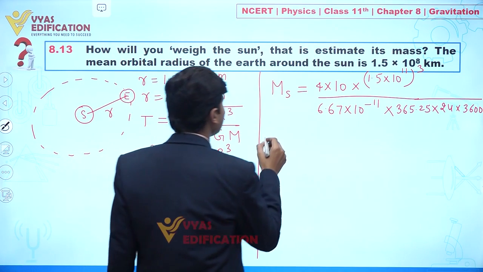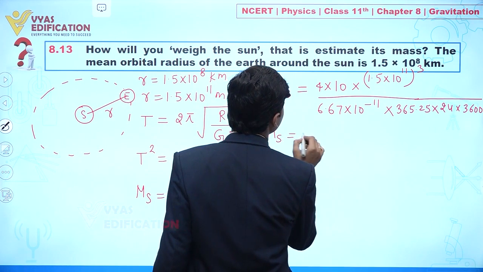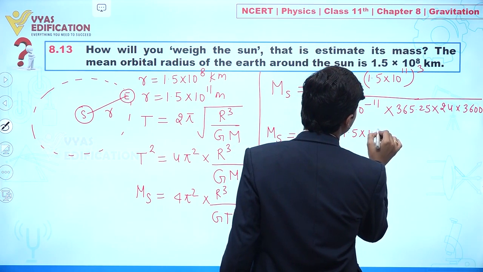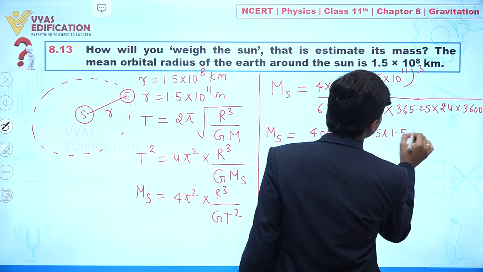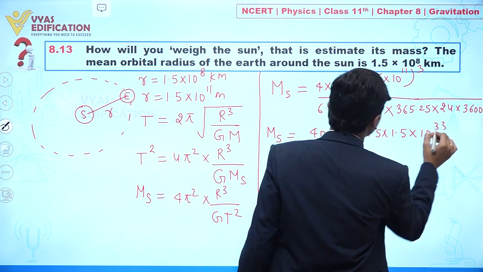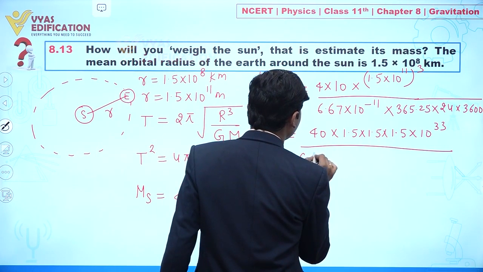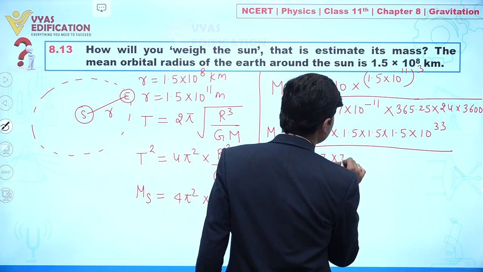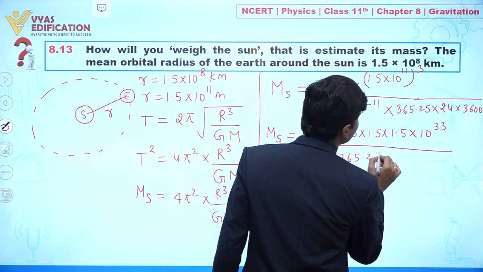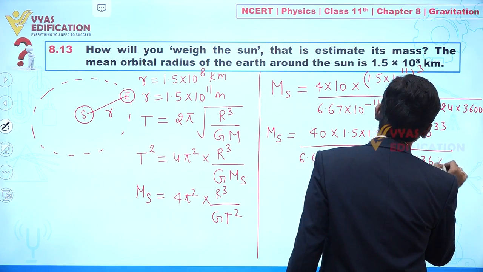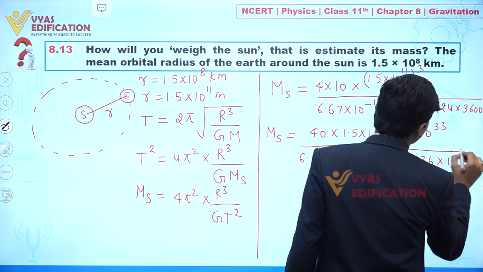So now from here the mass of sun is given by 40 into 1.5 multiplied by 1.5 multiplied by 1.5 into 10 to the power 33, divided by 6.67 into 365.25 multiplied by 24 multiplied by 36 into 10 to the power minus 9.